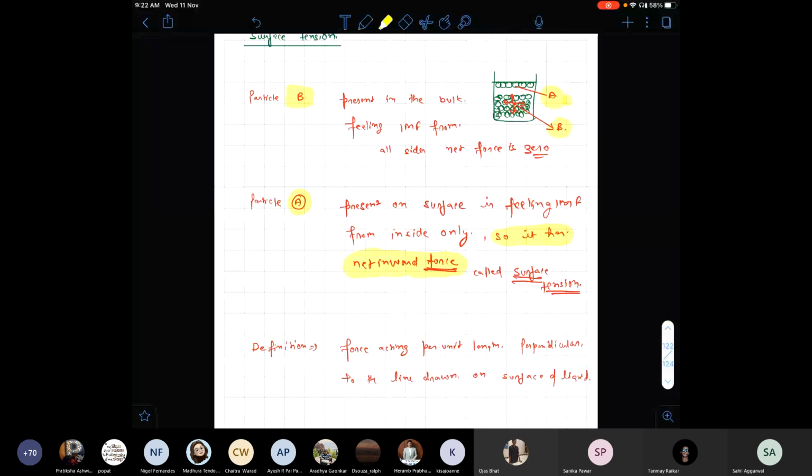If we draw a line on the surface of the liquid, the force acting perpendicular to it and downward, per unit length, is called surface tension. Any doubt to anyone in surface tension?